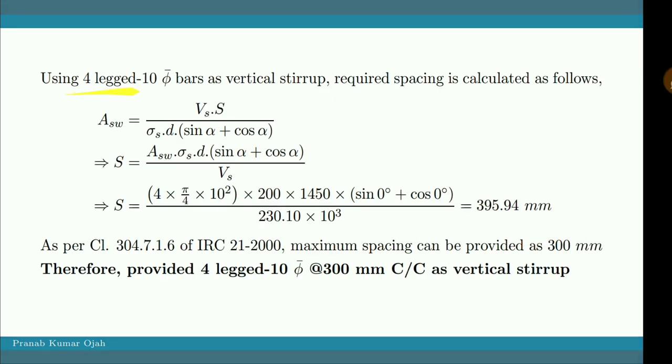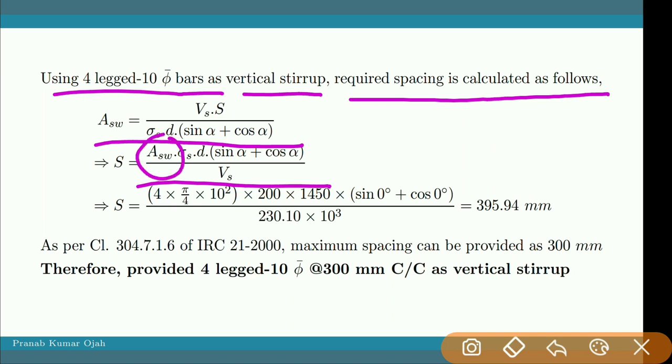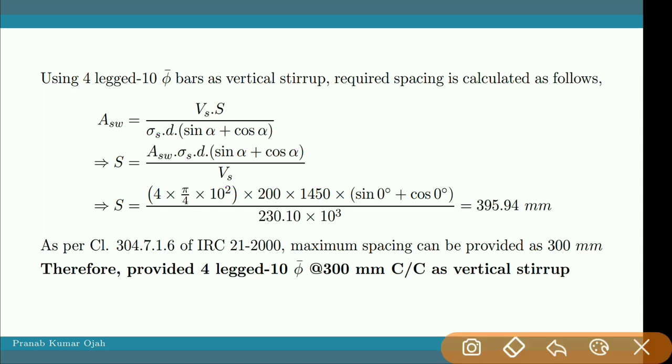Using 4-legged 10 mm bars as vertical stirrups, the required spacing is calculated as follows. This is the formula given in the IRC code. Spacing will be equal to this, where Asw is the area of shear reinforcement, and sigma S is the permissible stress of steel, which is 200.